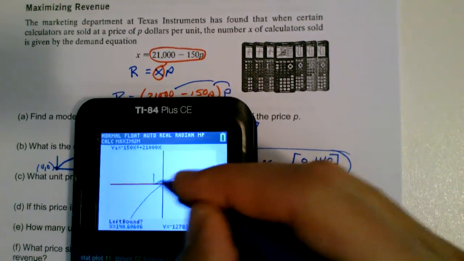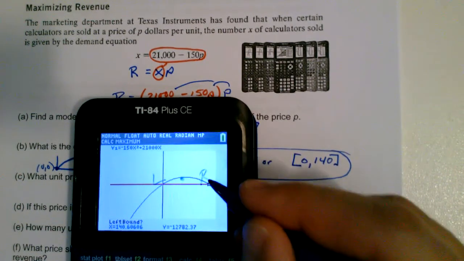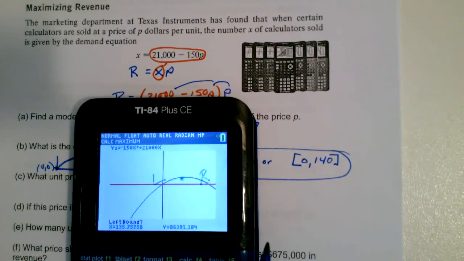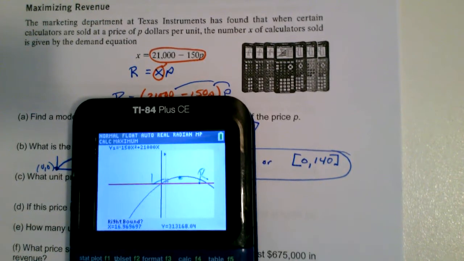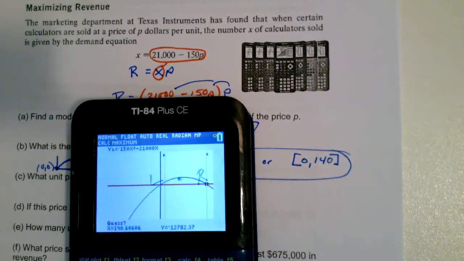Trying to find the top of the mountain. Maximum. I go down to number 4. Okay, we agree this is the left, and we agree that's the right of that point. So when it says left bound, I want to get to the left of that maximum point where it's increasing from left to right. Press enter. Right bound. Get to the right. Guess. And there we go.